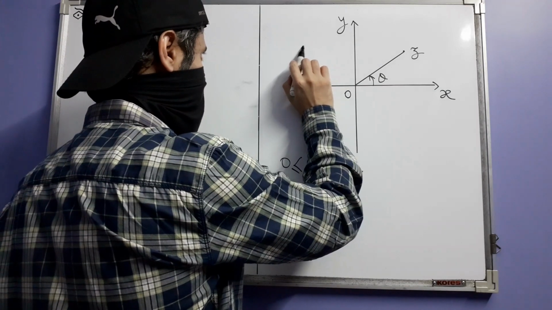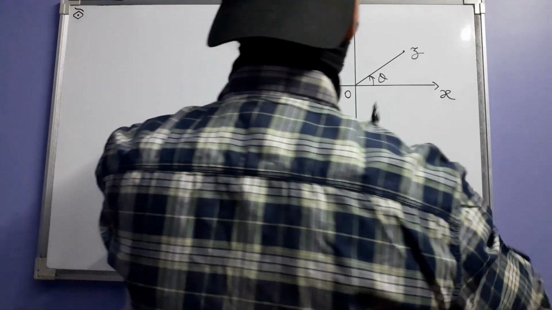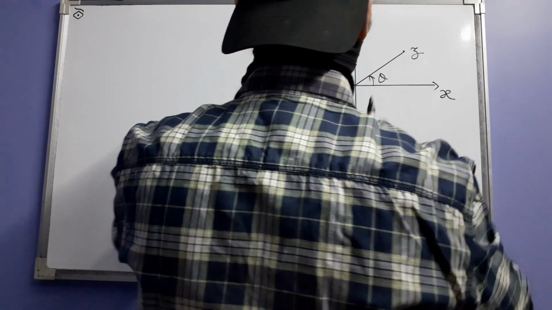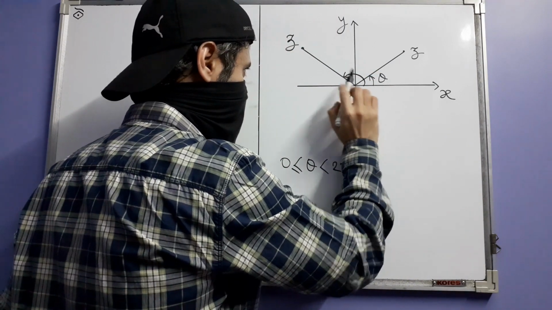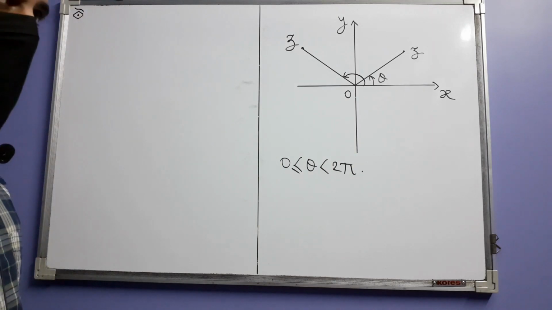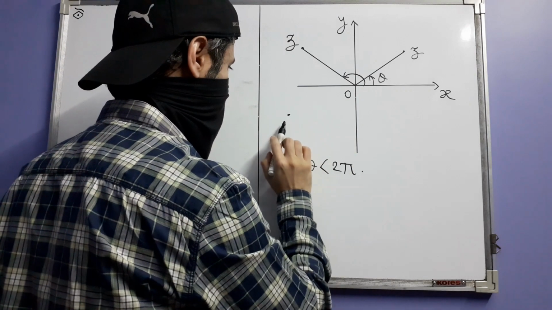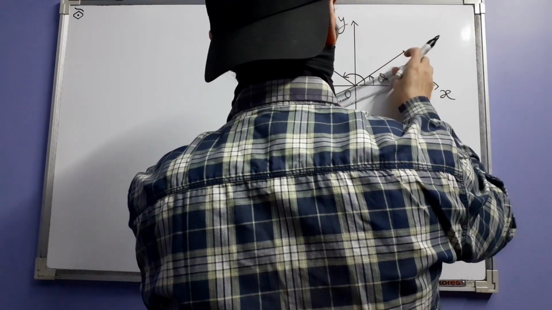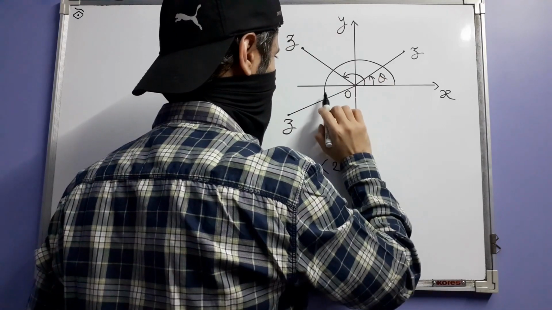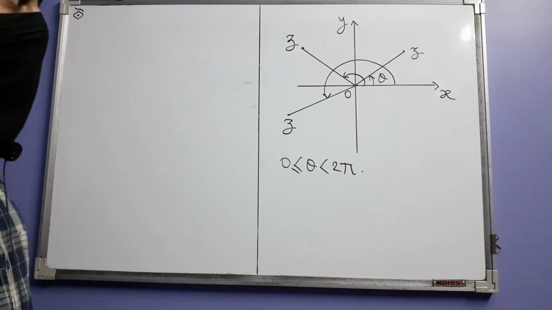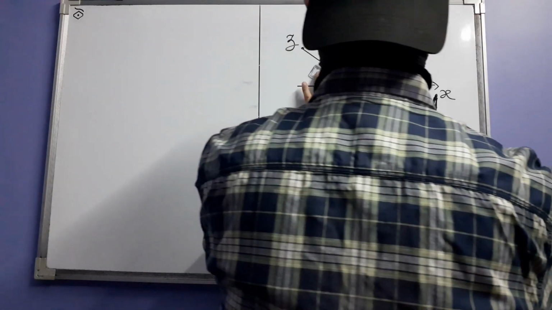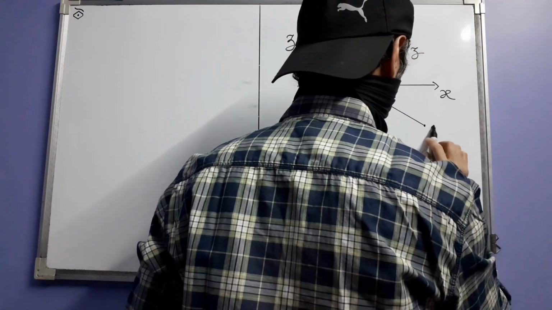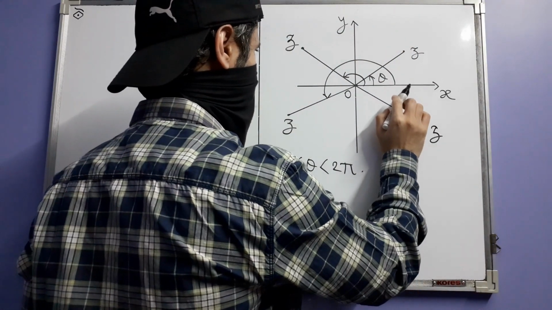If the complex number lies in the second quadrant, my theta is going to be this rotation, still anti-clockwise rotation. If it lies in the third quadrant, say here, then this will be theta. If it lies in the fourth quadrant, then this will be theta.